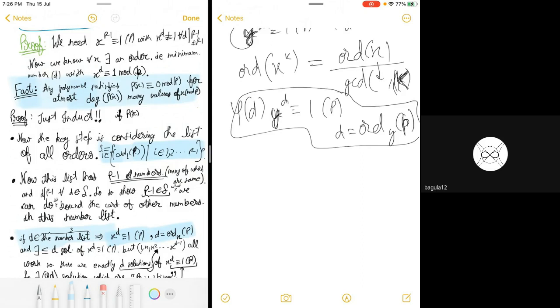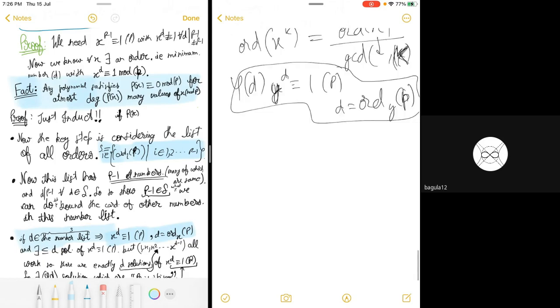The motivation is that we want to show that p minus 1 belongs to the list of orders, and we also know that the list has exactly p minus 1 values. So if we bound the number of other values, we will get p minus 1, because only d dividing p minus 1 belong to the list. Is the definition of this list clear?